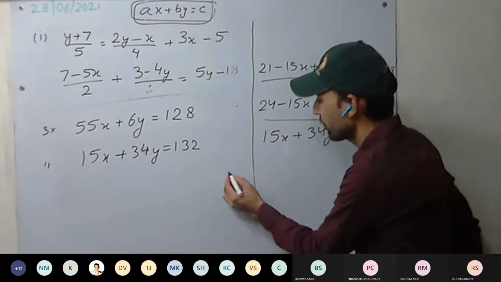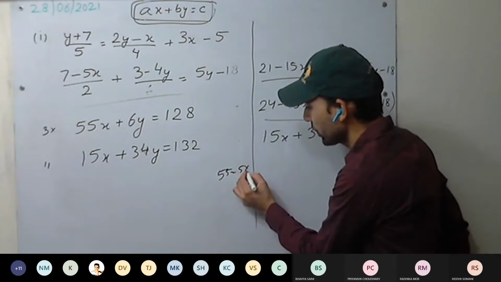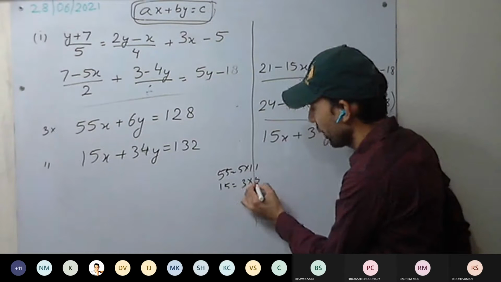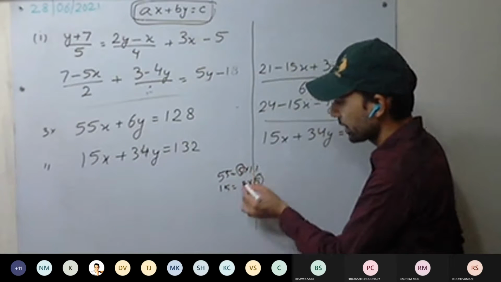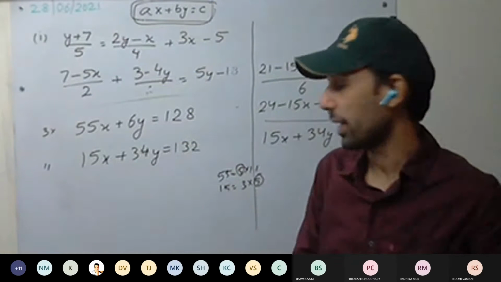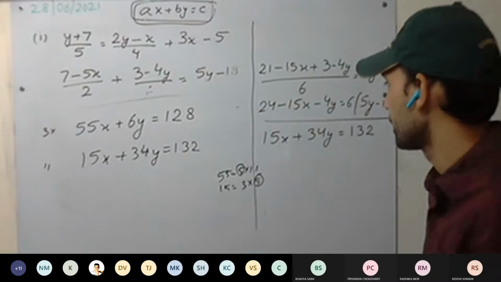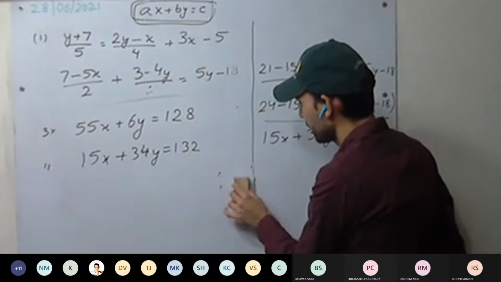You can see 55 is 5 into 11 and 15 is 3 into 5, so 5 is already common. Multiply and find the value of y.